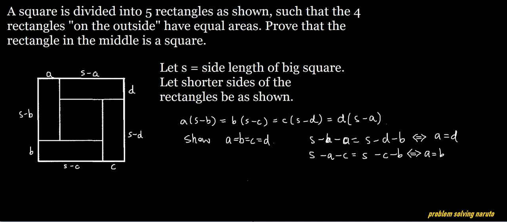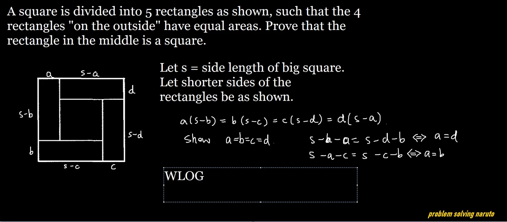Whenever you consider the contrary, if they are unequal, that means there should be a biggest value and a minimum value. So let's say, WLOG, without loss of generality, let's say A is the maximum.